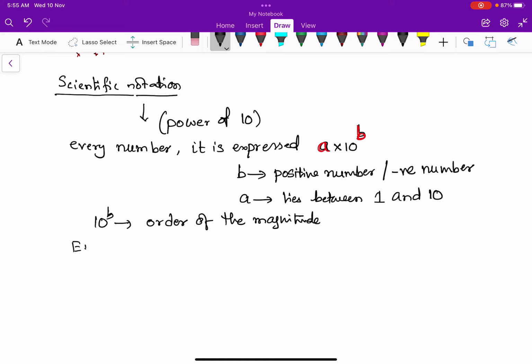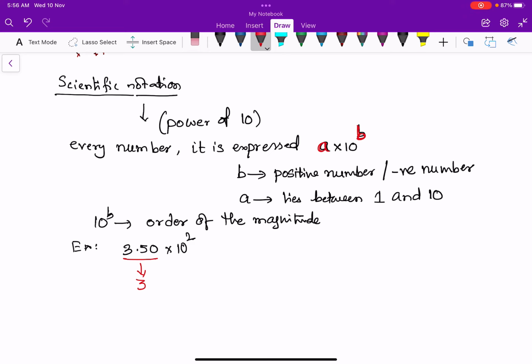Example: 3.50 into 10 power 2. How many significant figures? The significant figures here are 3.